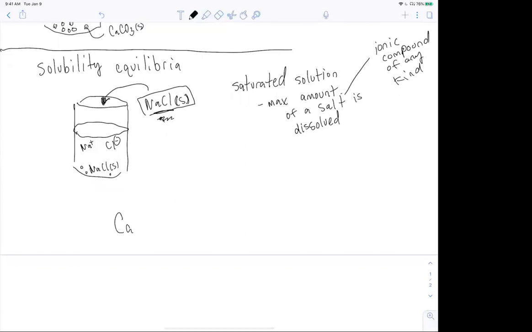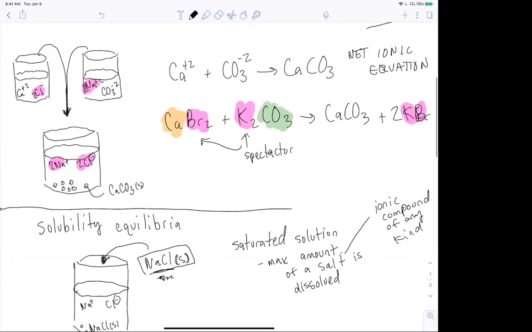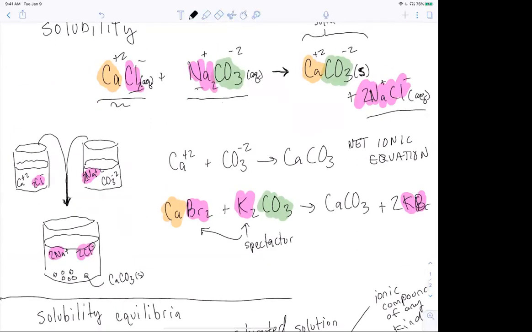Now we're doing a thought experiment where instead of forming calcium carbonate from mixing two solutions like we did up here, where we took two salts that you could buy at a chemical stockroom and mix them together to get out the solid. That was our thought experiment.